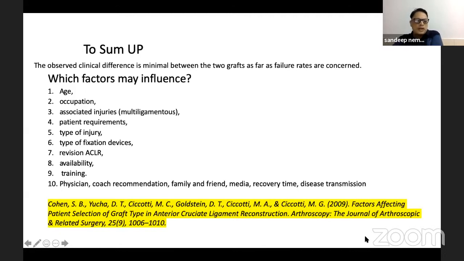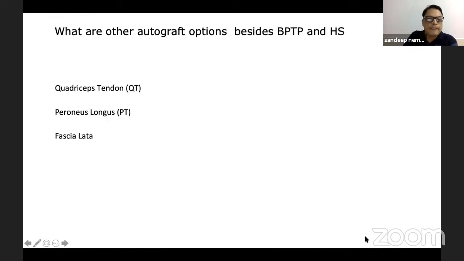Much of the graft choice depends, in order of preference, on what the physician recommends, what the coach recommends, then family and friends, media, recovery time, and disease transmission. These are the factors this study found which influence graft choices in ACL reconstruction in general.